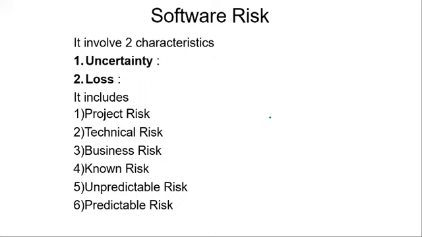Now, coming on to software risks. There are two characteristics within the software risks: uncertainty and loss. Now, what does uncertainty mean? Uncertainty means that the risk may or may not happen.